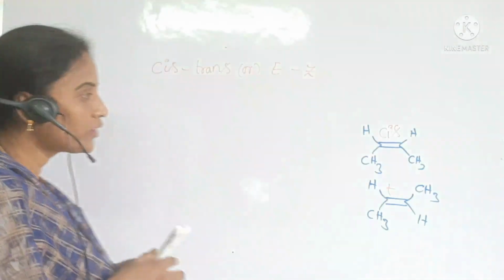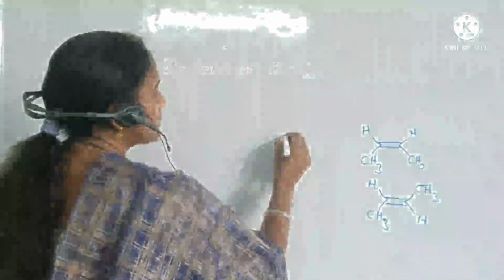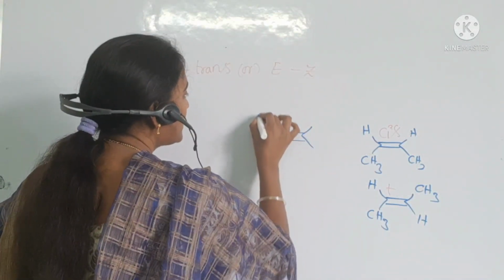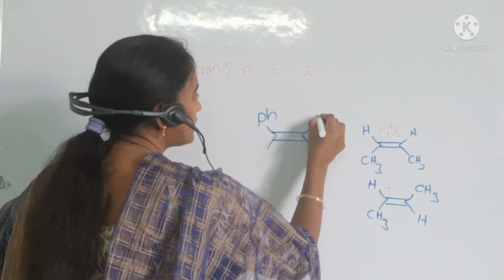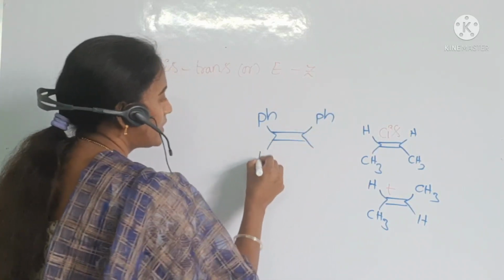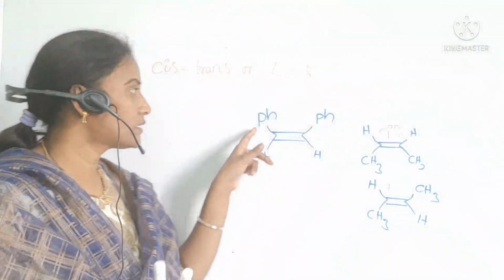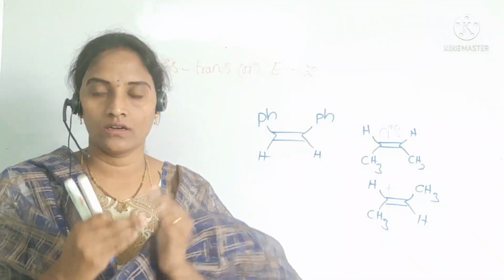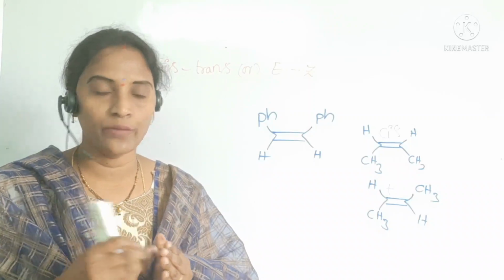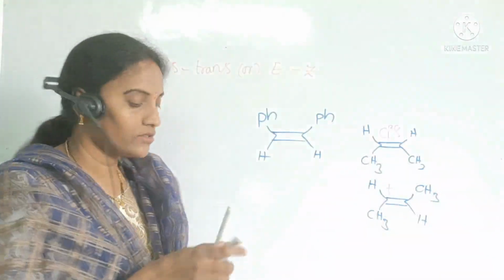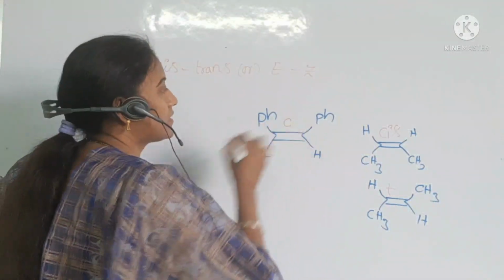You can take one cyclic compound, students. It has the double bond, it is phenyl group, it is also phenyl group, it is hydrogen, and this one is hydrogen. See, this phenyl is the ring molecule. Here the two groups are on the same side, so you can directly write this is the cis one.